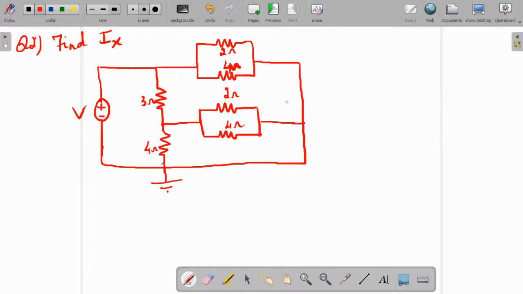This is the given circuit: 3, 4, 2, 4 and 2, 4. Here you are given 1 ampere current, and this is Ix.